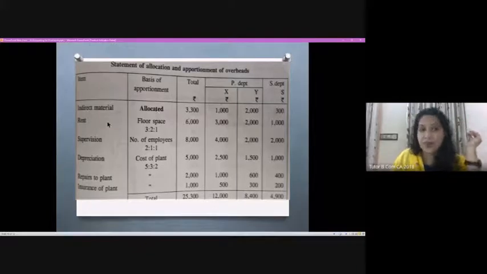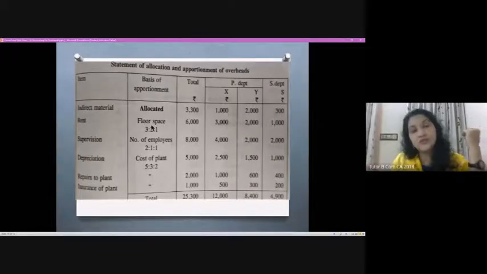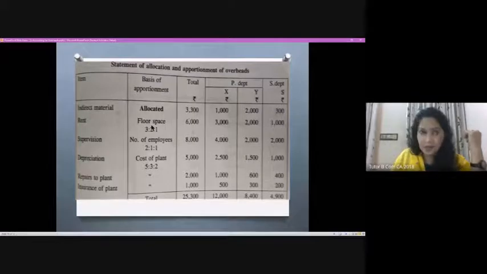So in this particular example, we were given rent, supervision expenses, and also expenses connected with depreciation, repairs, and insurance. So rent, of course, we know can be proportionally allocated on the basis of floor area occupied by each department. Now, supervision, yes, one supervisor may be taking care of a certain number of employees.